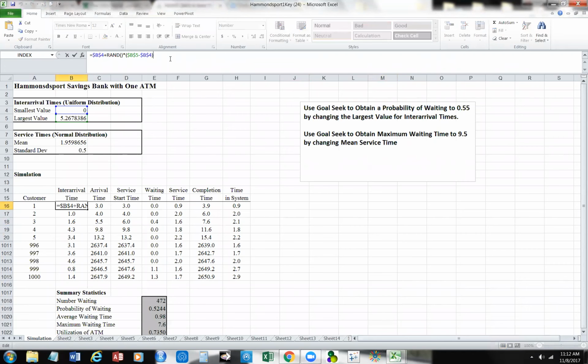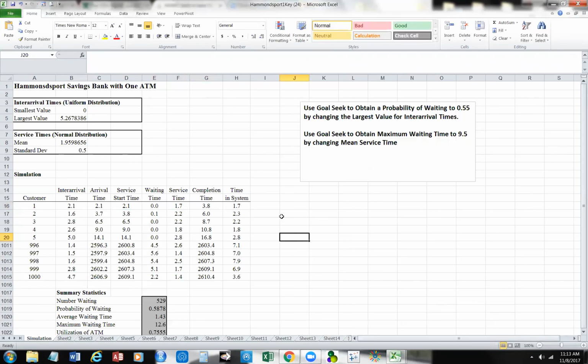By putting that RAND function in front of B5 minus B4, we basically produce a random number added on to our smallest value. And that RAND produces that probabilistic input. And notice they're volatile, so when I put one in here and then get out, they change.